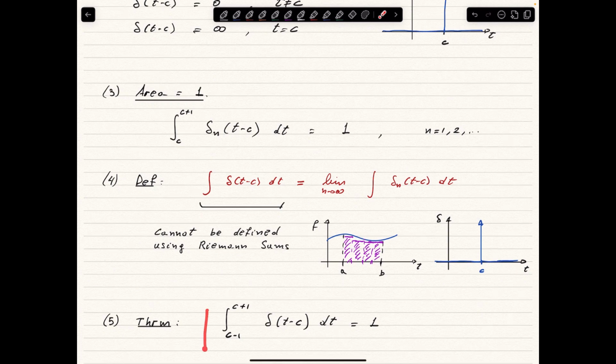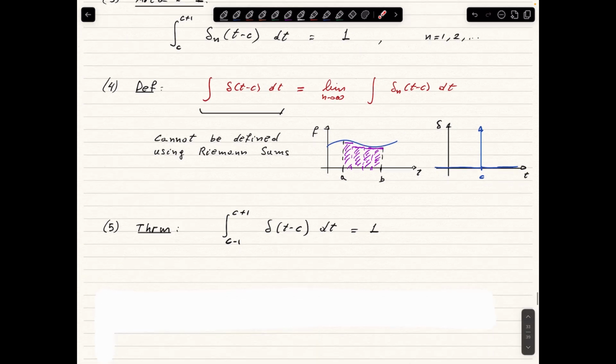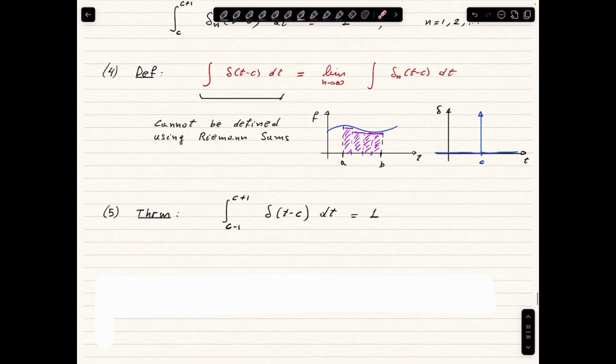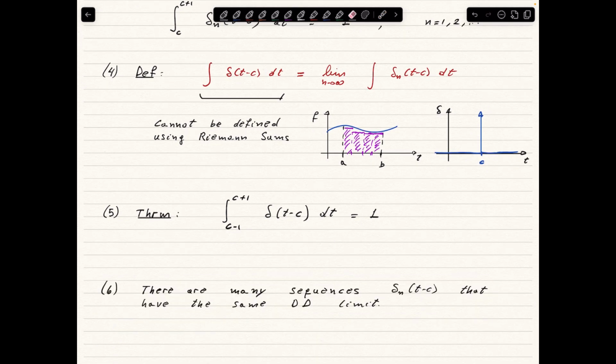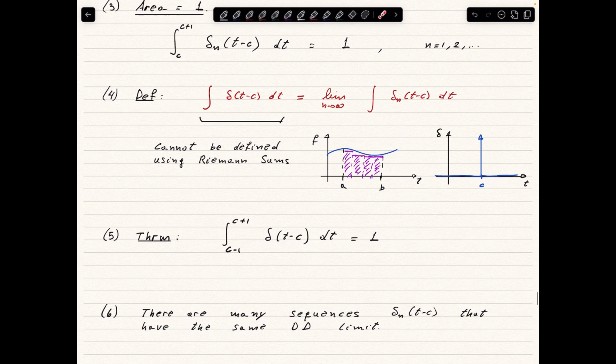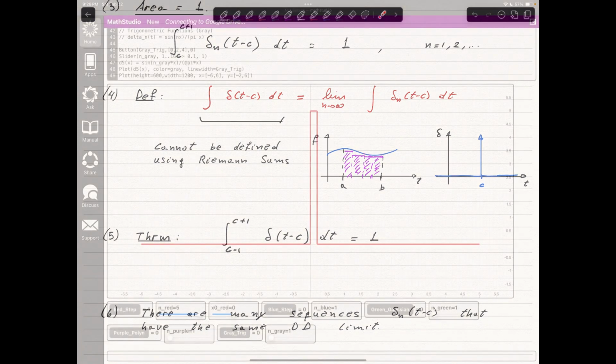So this property encapsulates in mathematical terms that impulsive forces transfer a finite amount of momentum. One last comment on Dirac's delta is that we use a particular sequence to define it, but actually there are many sequences, delta n, that define the same limit that we call Dirac's delta, and we are going to show in an interactive graph a few of these other sequences.